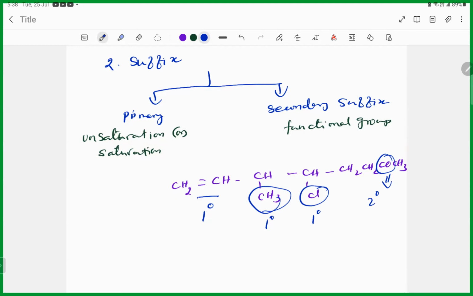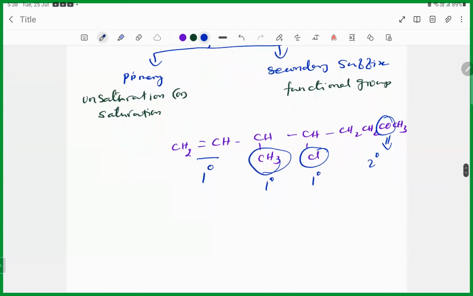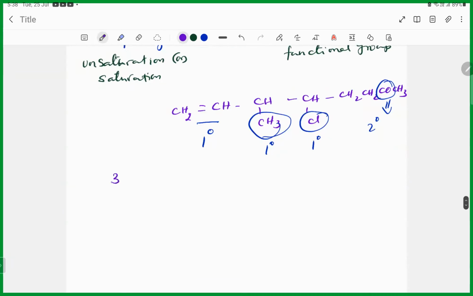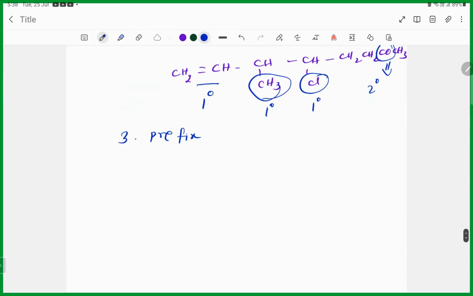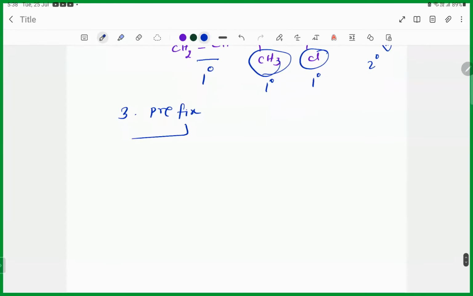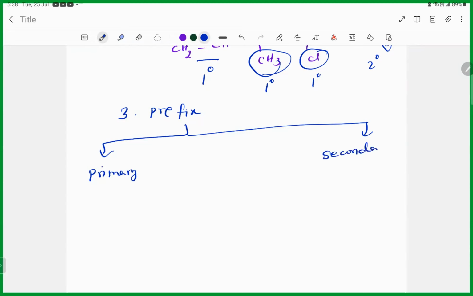And then the prefix. This is the suffix, and what is the prefix? The third one: here also there are two types of prefix, like the suffix, primary and secondary.